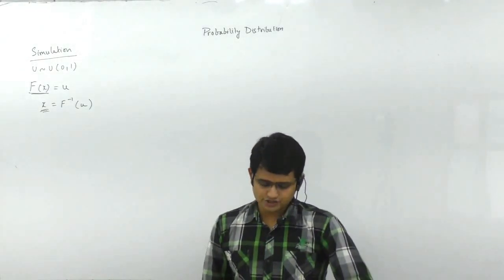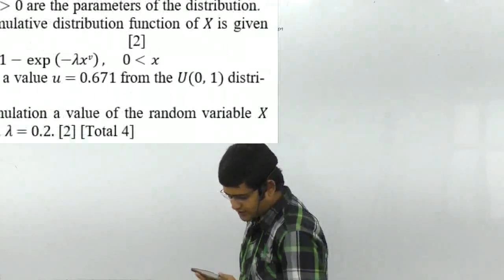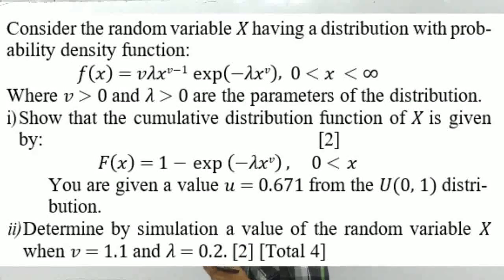Now let's take a question. In this question they have said: consider the random variable x having a distribution with probability density function as this, where nu is greater than 0 and lambda are the parameters of the distribution. First, show that the cumulative distribution function of x is given by this particular value.